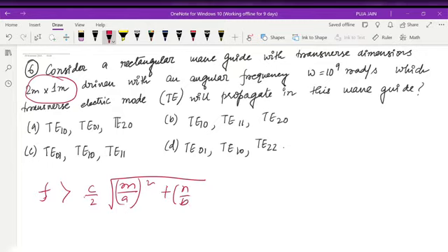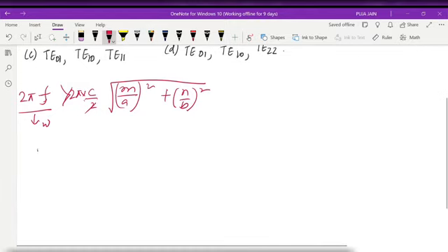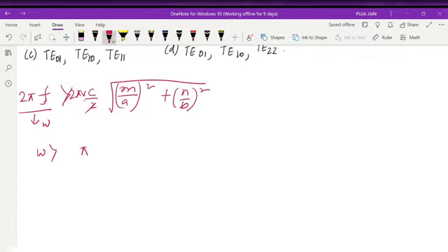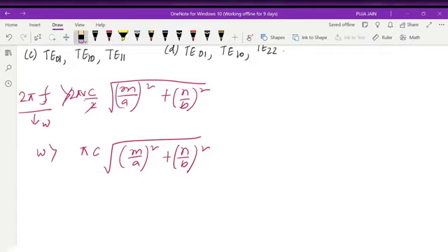Here they have asked for omega. So we know if I multiply f with 2 pi, we will get omega. So here also we have to multiply with 2 pi. So we get omega must be greater than pi c root of (m by a) square plus (n by b) square. Here the dimensions a and b are given as 2 cross 1, both in meter.